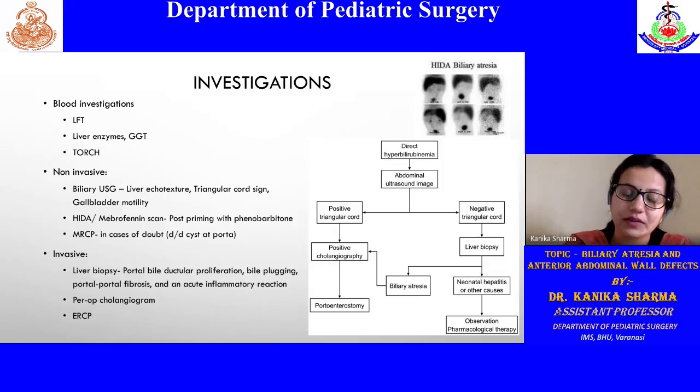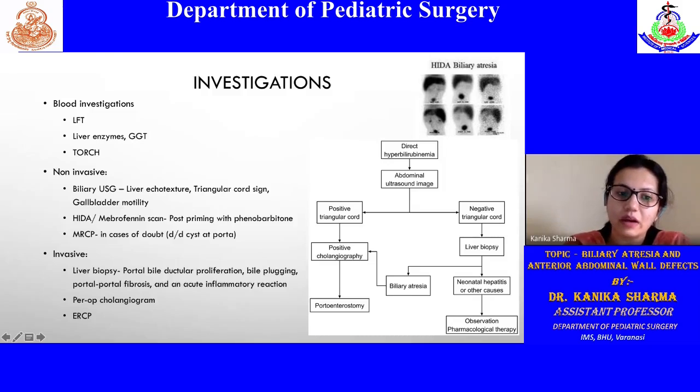And even if it's a normal bile, we do a study via that to trace the entire length of the biliary channel. This is also one of the confirmative tests, done on table in cases wherever there is a doubt.